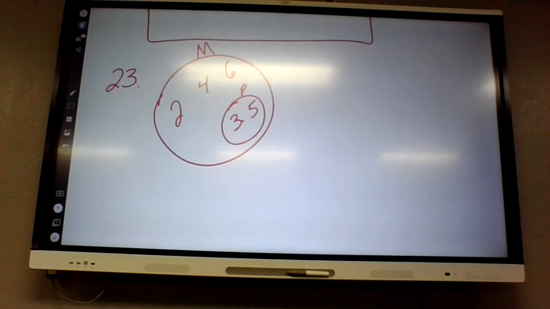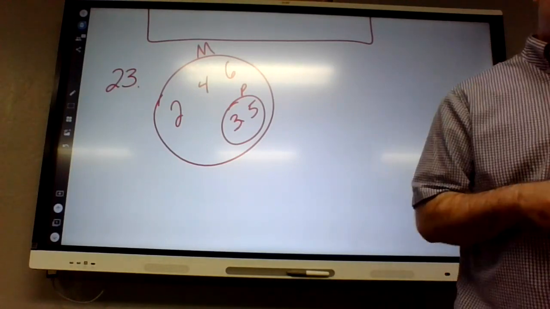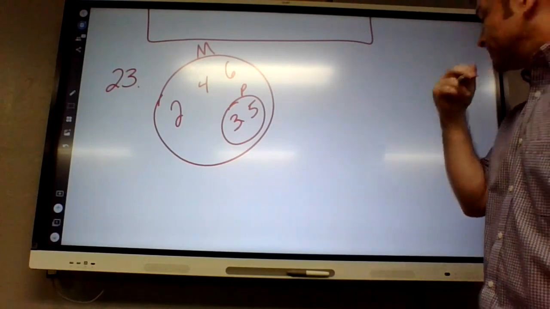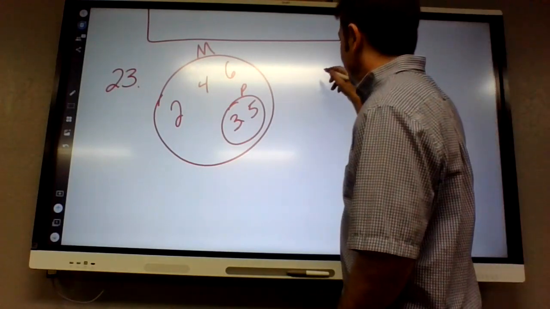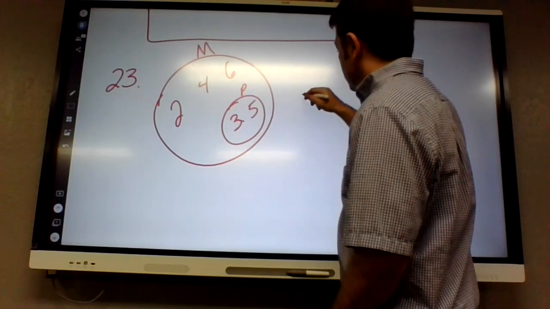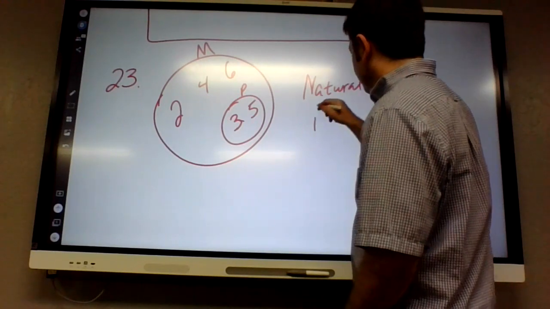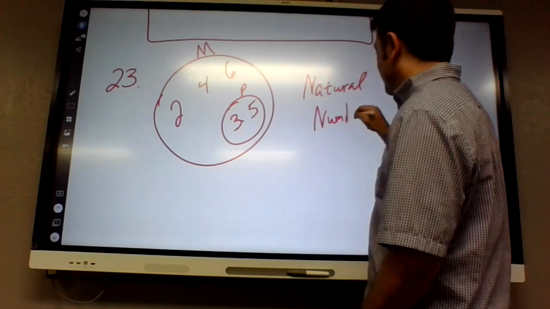This could have multiple answers, but what's the universal set maybe? Numbers. Could be 1 through 10. Let's see what the book put. They just put counting numbers, like natural numbers, 1, 2, 3, 4, that kind of thing. Okay, I'll just put natural numbers, that's fine. So there's more than one possible answer for that, right?